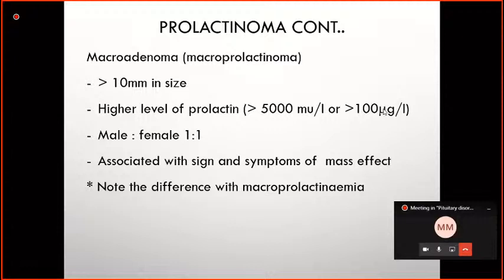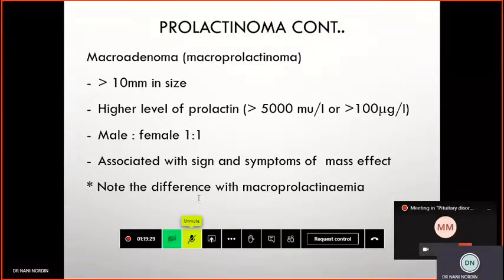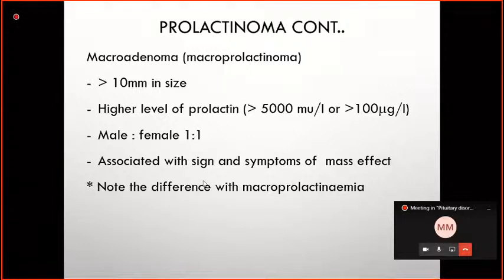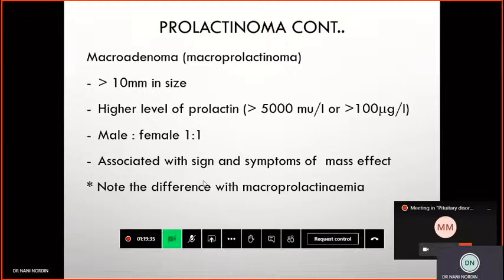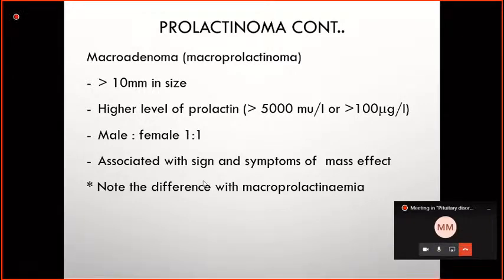Macroprolactinemia refers to prolactin which appears big. Sometimes it is mistaken with macroprolactinoma, because it's noma, it refers to a macroadenoma of the pituitary, a prolactinoma.